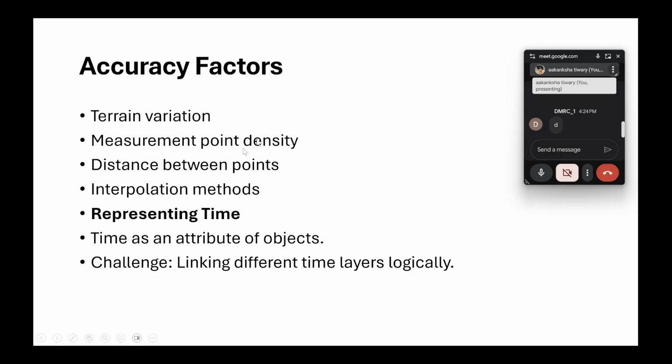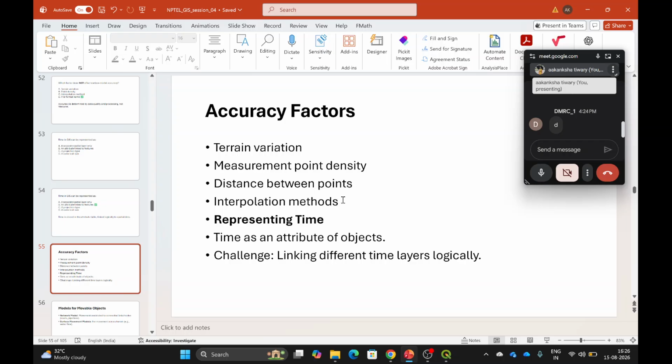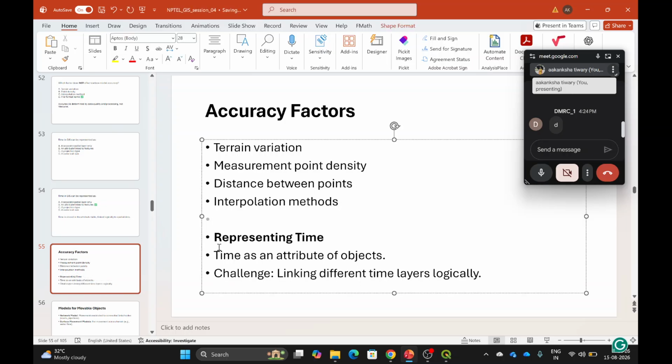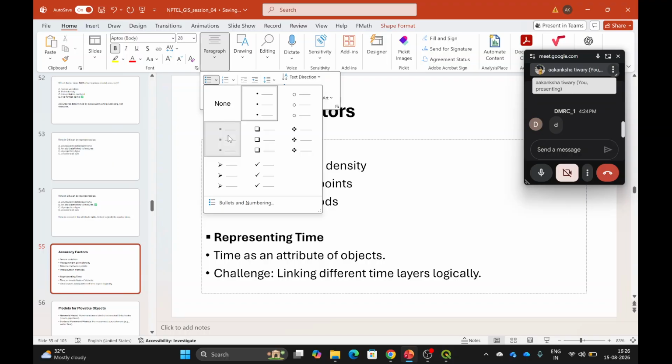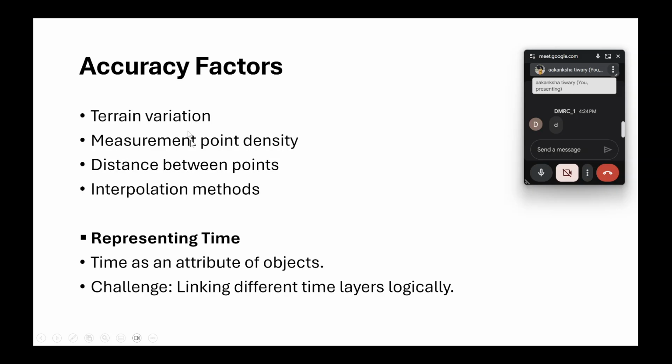Sorry, this is different. I should have tried this. Okay, sorry for that. So these are the points which give accuracy, and if you want to represent time it should be an attribute.